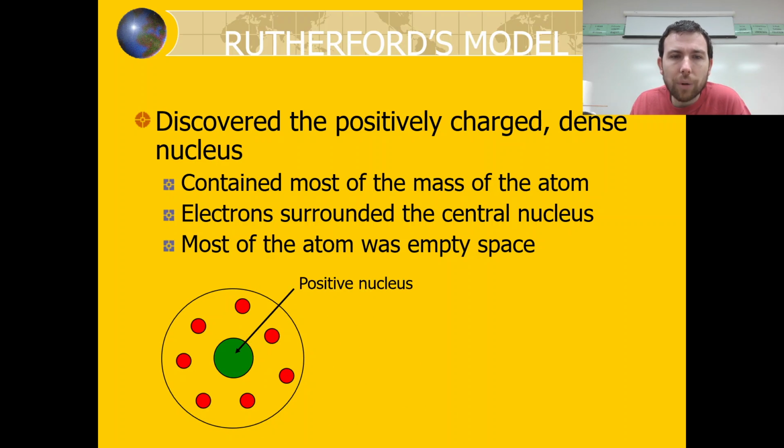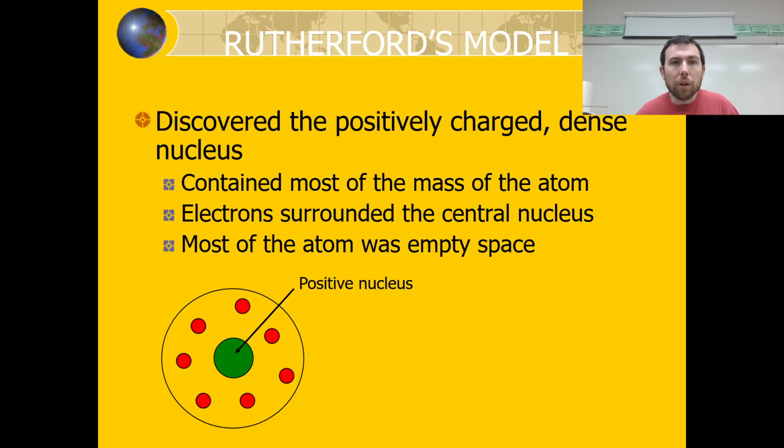All right, and so in Rutherford's gold foil experiment, what happened is he was using alpha particles, which are essentially helium nuclei that have a positive charge. He was shooting them at gold foil, and for the majority of his experiment, he found that those alpha particles simply passed through the gold foil.